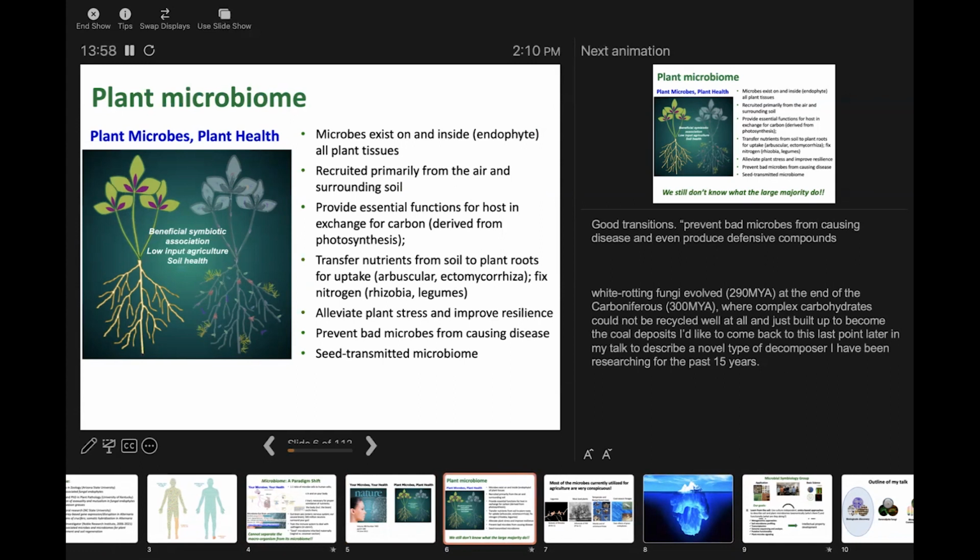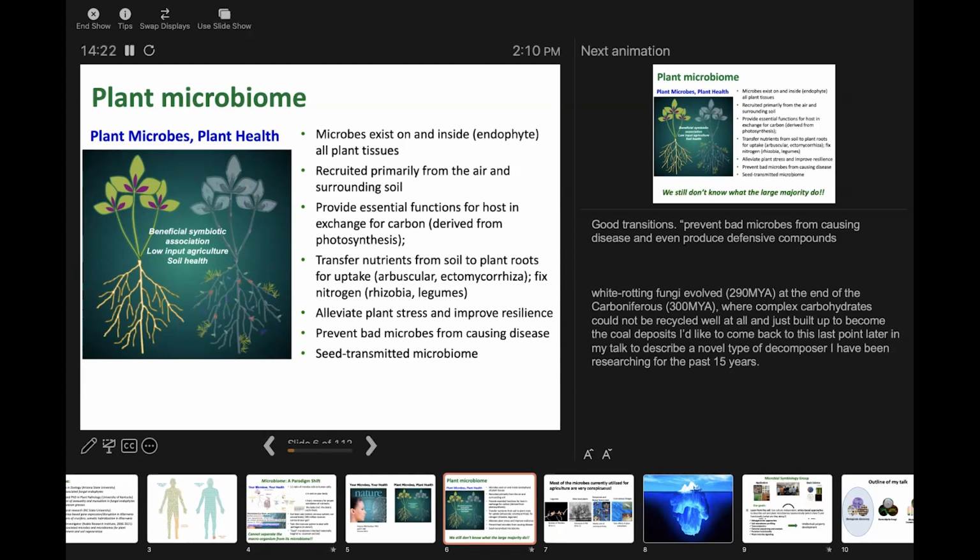In one handful of soil, there are literally billions of bacteria, millions of fungi, and hundreds of thousands of other sorts of things like amoeba, like protists, and different things like that. So very, very complex.